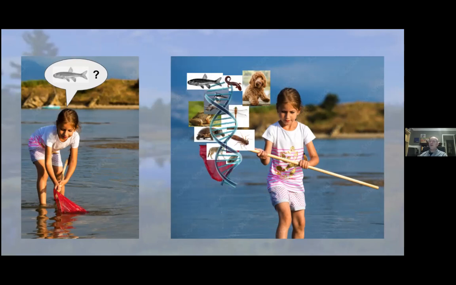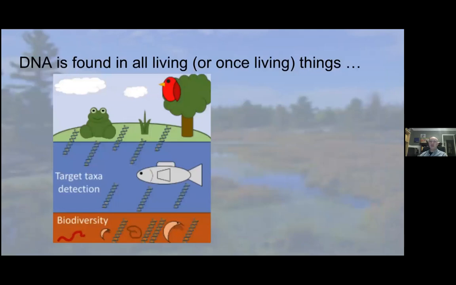But first, a very brief biology reminder. DNA is found in all living or once living things. It's a molecule that's common to animals, plants, and bacteria, and it contains genetic information that's unique to each individual. We all know that we have this DNA signature, and because of the pandemic, we know that DNA can be picked up by really uncomfortable mechanisms like nasal swabs.